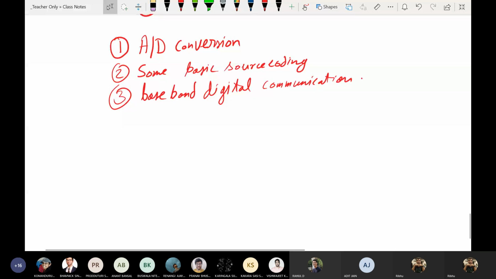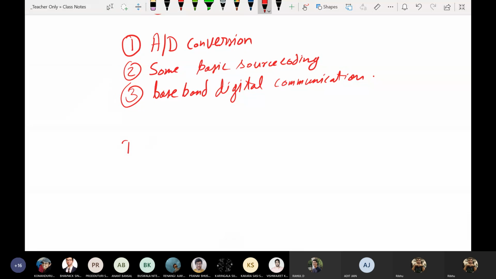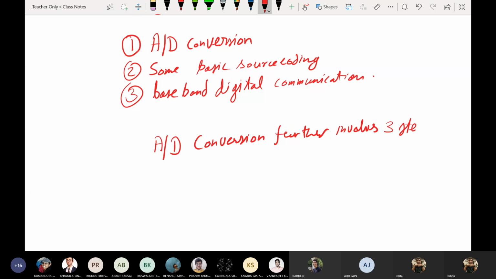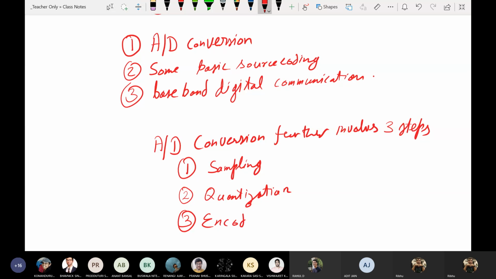So A to D conversion is the first step in digital communications, and further involves 3 steps: sampling, quantization, and coding.